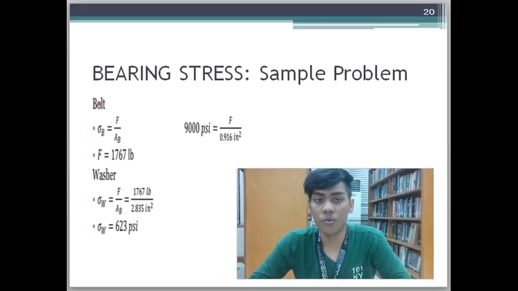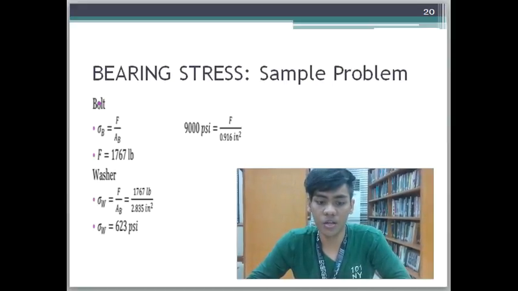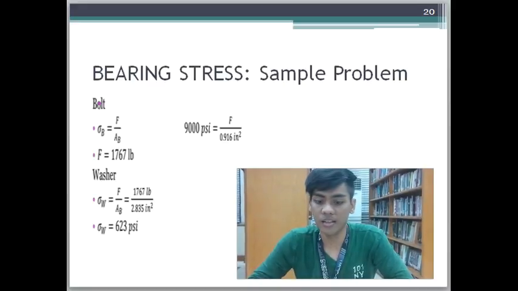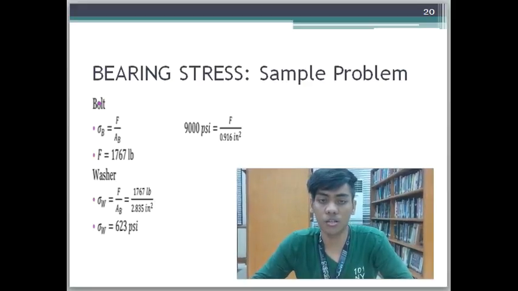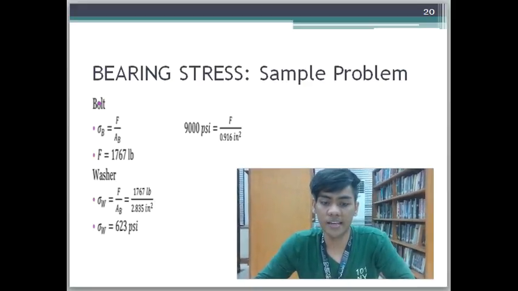From that force, we will determine the stress between the washer and the board using the stress equation, force over area. We have the force equal to 1,764 pounds. We divide it by the area of 2.835 square inch, and we will get the equivalent stress equal to 622.22 psi.